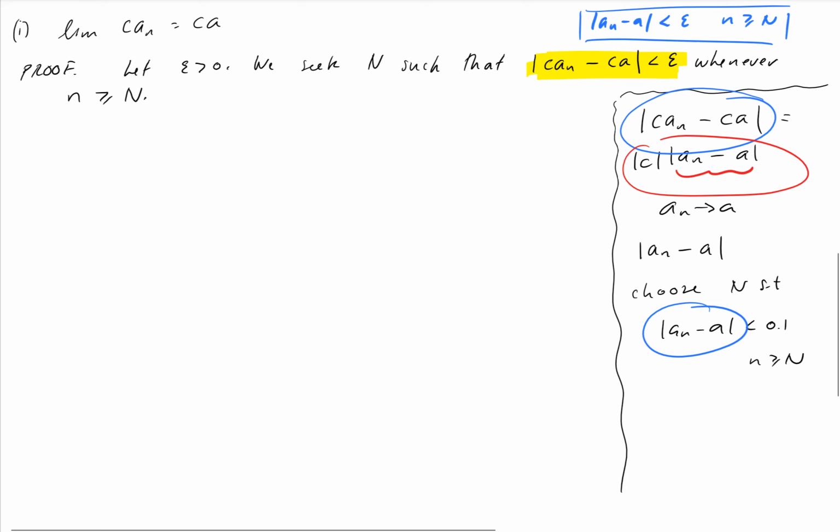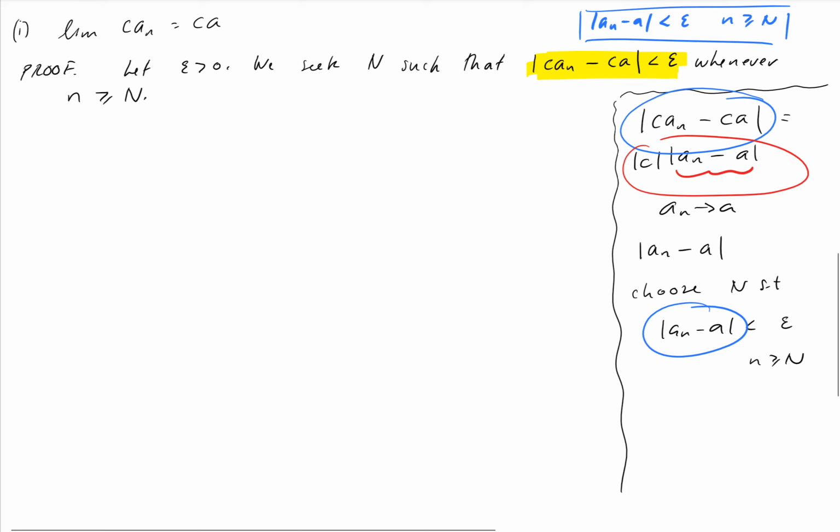We don't necessarily want 0.1 because that's completely irrelevant to our problem, but if we made it so that we choose our capital N such that AN minus A is less than epsilon, then that would mean that C times AN minus C times A would be less than C times epsilon, or absolute value of C times epsilon. That's closer to what we want.